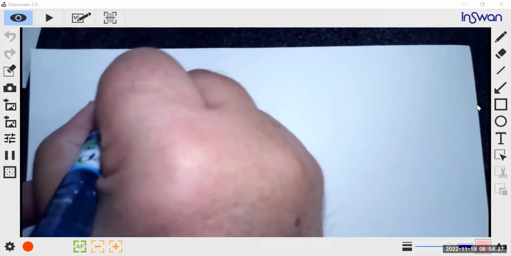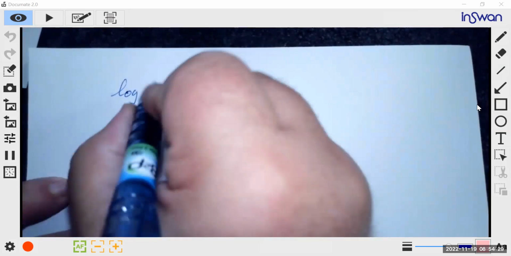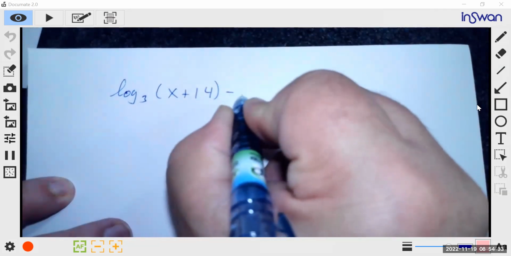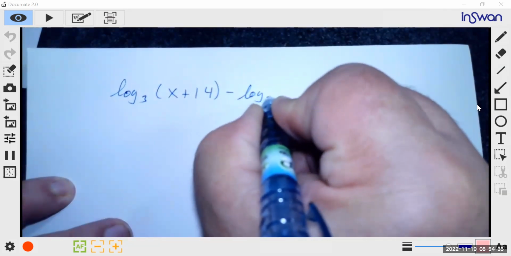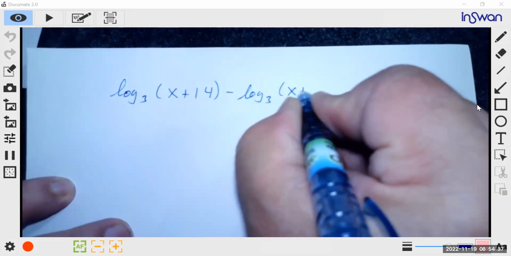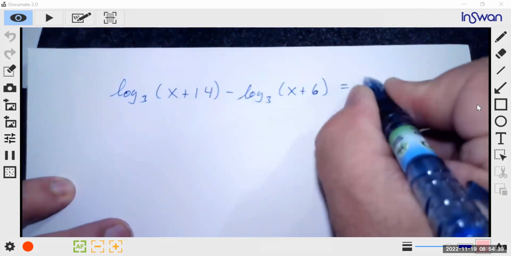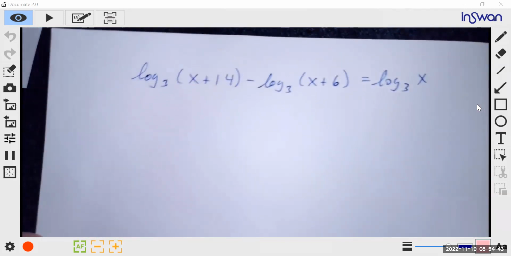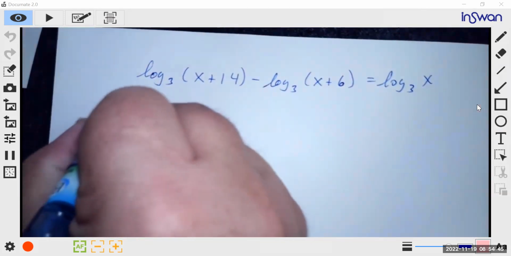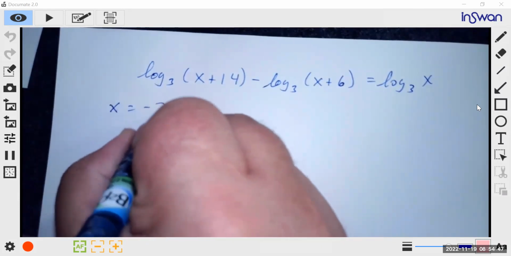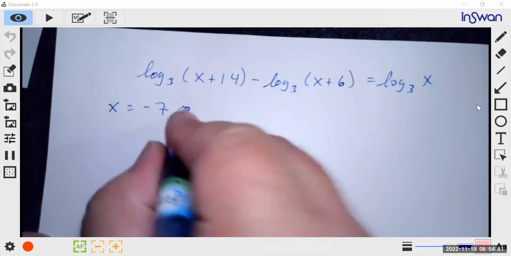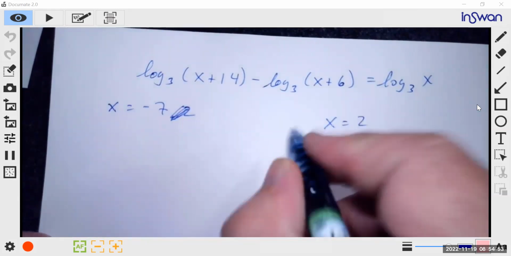Remember, our original equation was log base 3 of x plus 14 minus log base 3 of x plus 6 equals log base 3 of x. Our two possible answers are negative 7 and 2. I'll look at both of those.